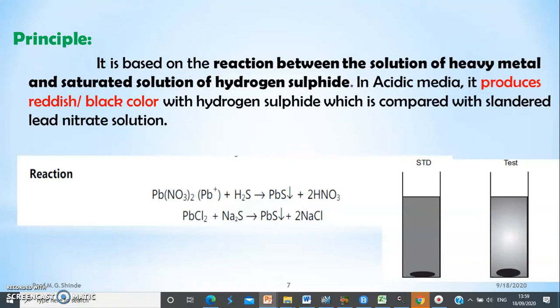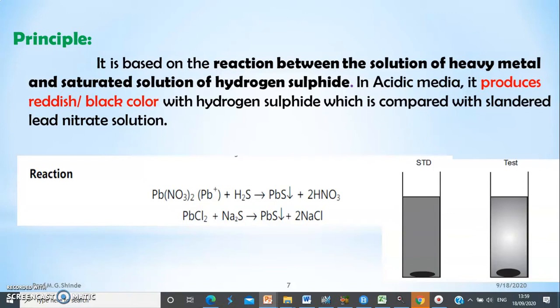Now the principle of today's practical. It is based upon the reaction between the solution of heavy metal and saturated solution of hydrogen sulfide. In acidic media, it produces a reddish black color with the hydrogen sulfide, which is compared with the standard lead nitrate solution.